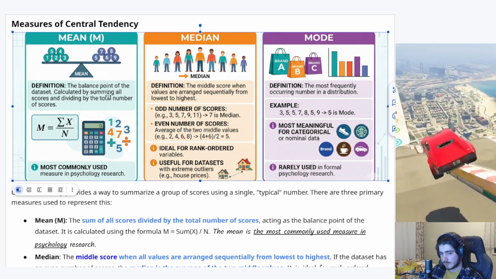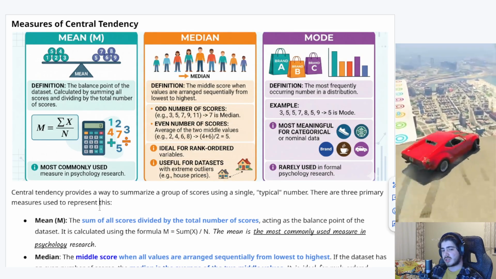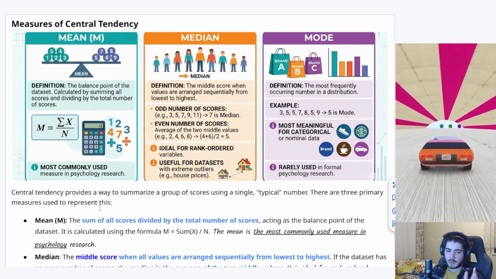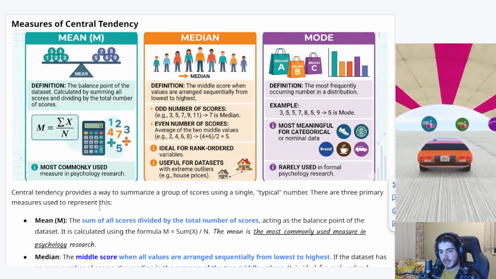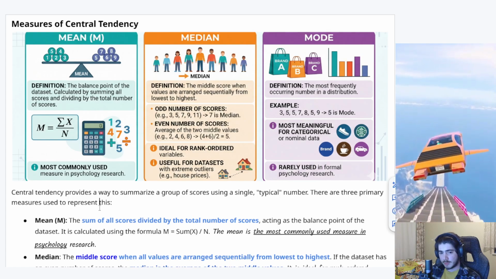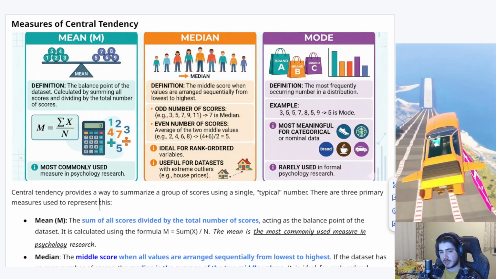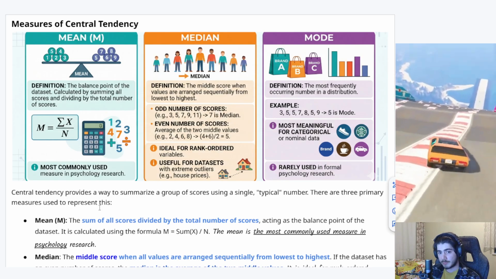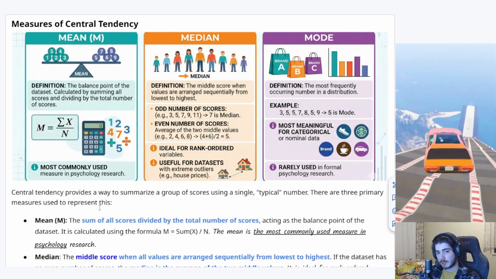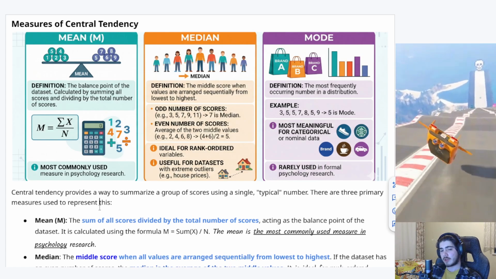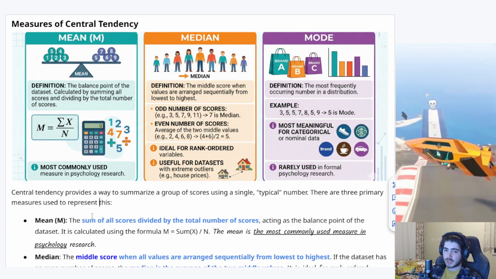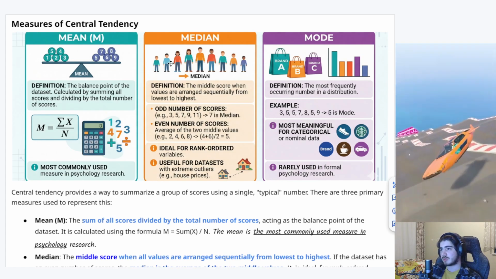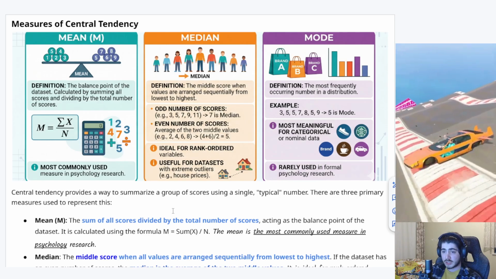For example, mean is your simplest one, but if you have a village of 5 people who get 5 lira per month as their salary, and then there's Elon Musk in that same village earning $1 million every month, your average income per month for that village is going to be about, what is it, I think about $500,000. So that's not really representative of the actual data that we have. So in that case, we would use median, which would yield us 5 lira.